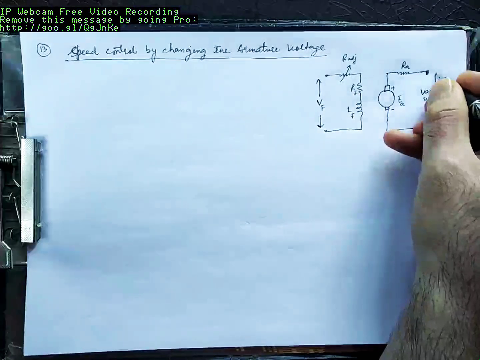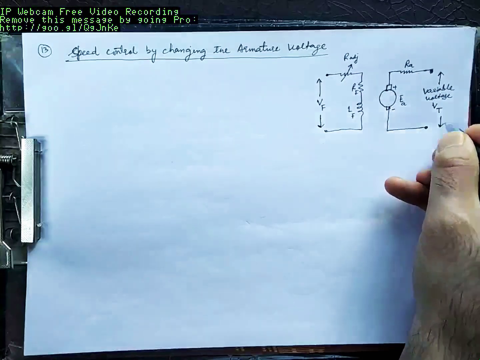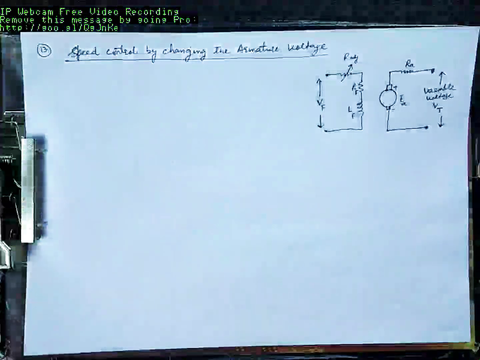This voltage is variable. This is what you call changing the armature voltage.